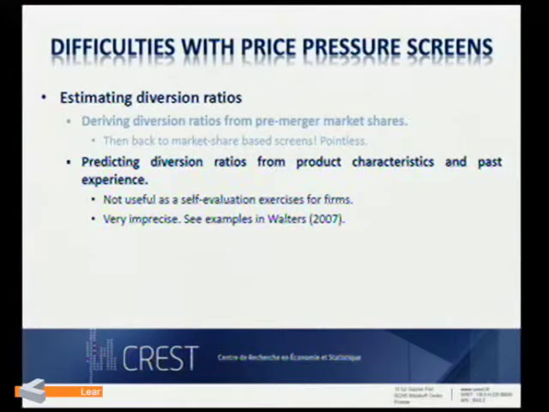So one other way, and I'll borrow again from Chris's work here, is that you could use past mergers, especially if you're using that for mergers in the retail industry. You could try to predict diversion ratios from store characteristics, looking at past data, and then in new cases, use that relationship between product or store characteristics and diversion ratios to infer diversion ratios quite easily in your new merger cases, simply using that link and the product or store characteristics in your new case.